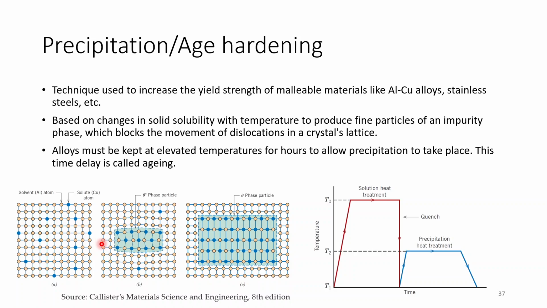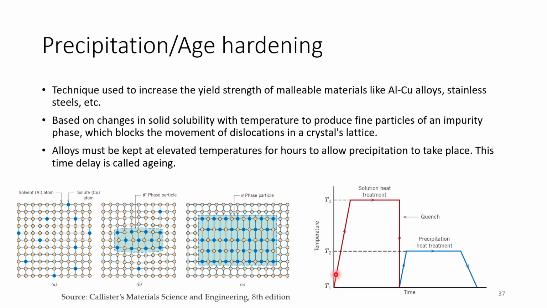So if a dislocation is moving in this structure, the precipitate will provide hindrance to the dislocation, and it will provide precipitation hardening. The alloys must be kept at elevated temperatures for hours to allow precipitation to take place, and this time delay is also called aging.